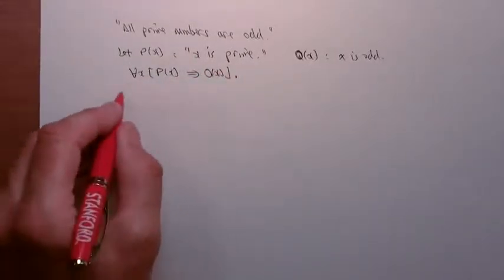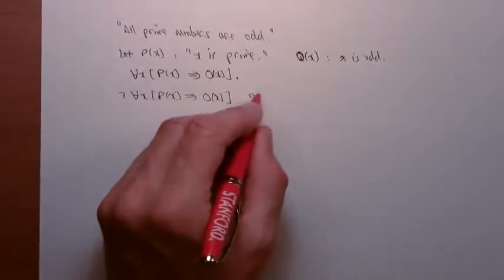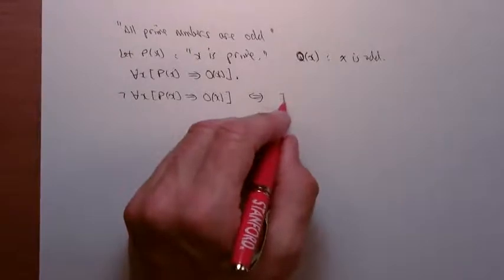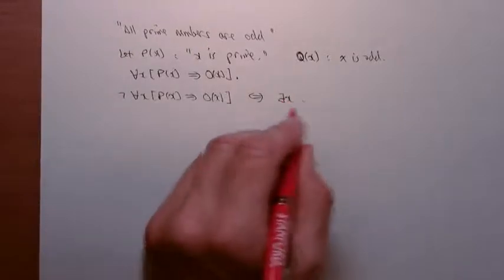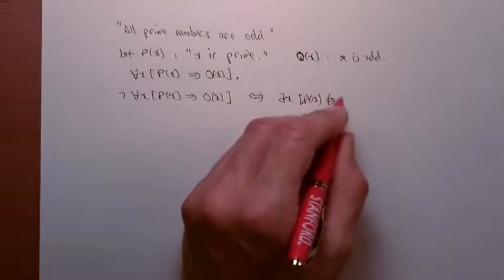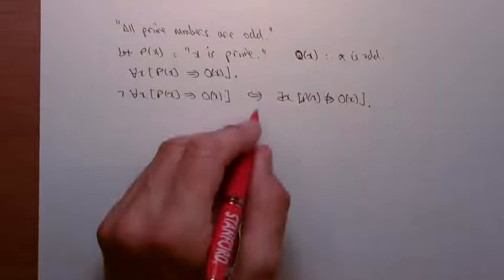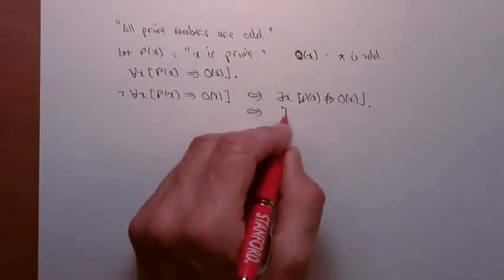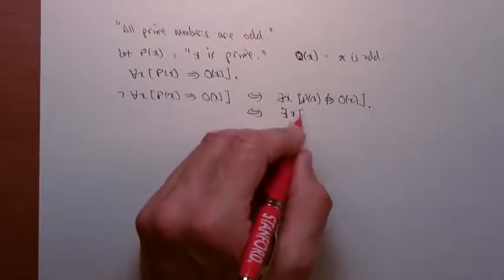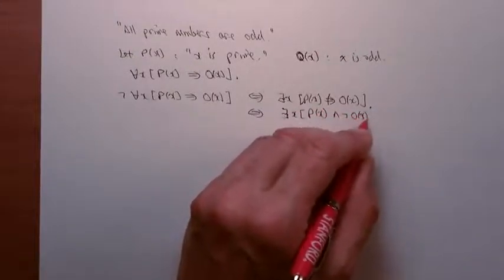When I negate this, I get exists x, P of x and not O of x.